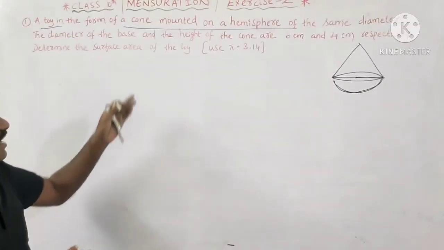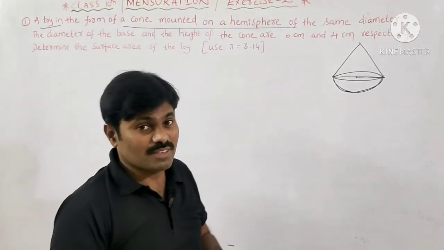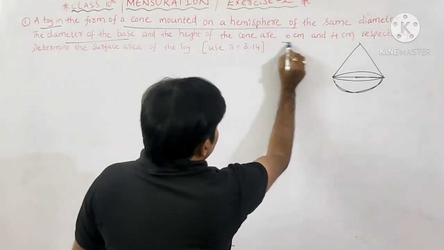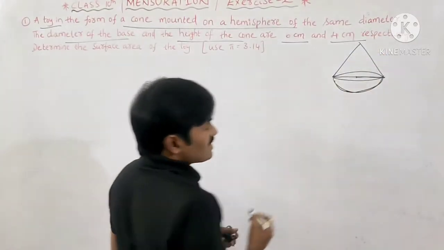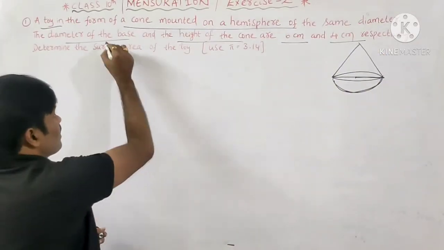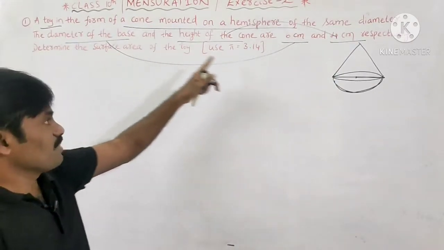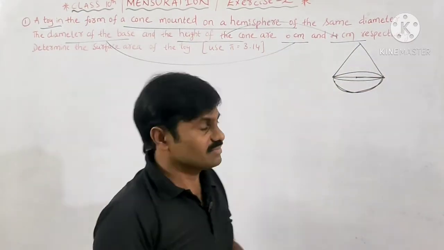And they have given the diameter of the base and the height of the cone. The diameter of the base is 6 centimeters and the height of the cone is 4 centimeters respectively. Respectively means we have to follow the order. So the diameter of the base is 6 centimeters, and the height of the cone is 4 centimeters.